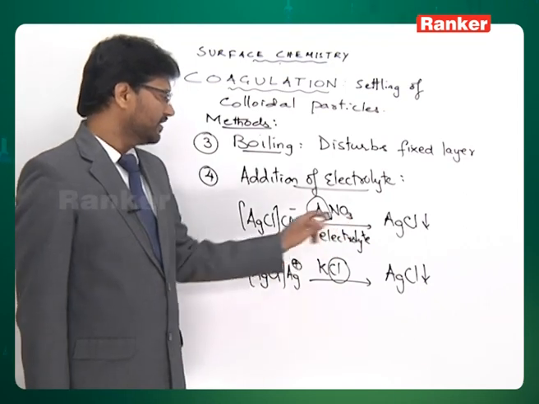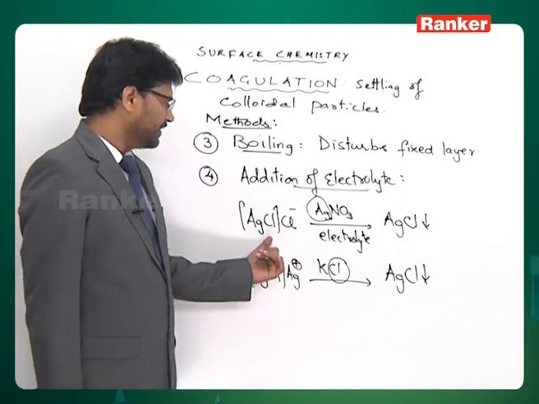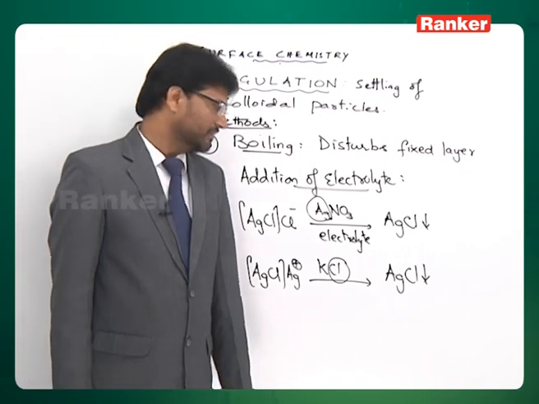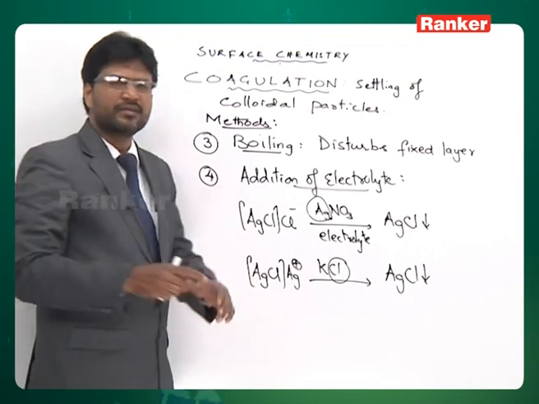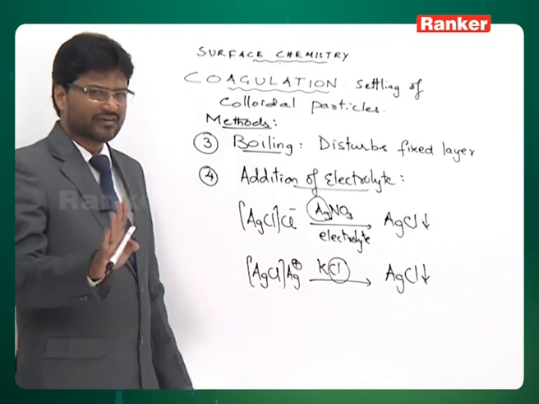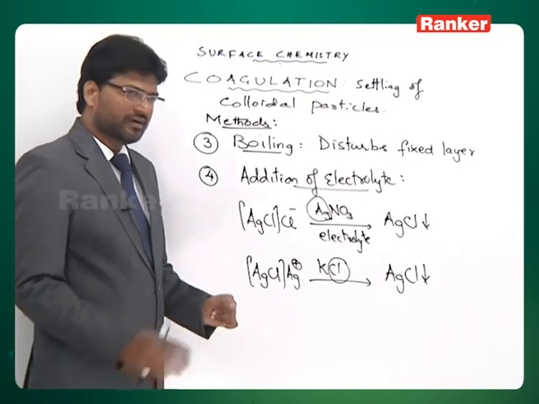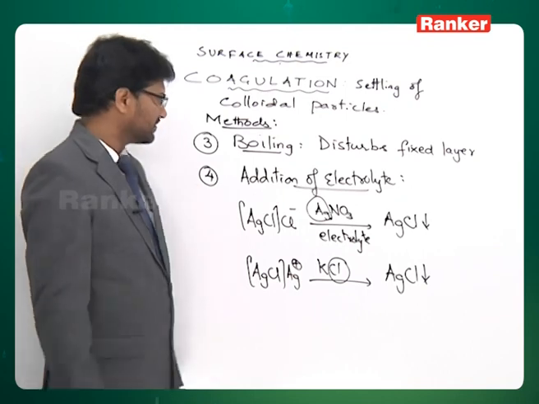In the electrolyte you have two types of ions, cation and anion. If the colloidal particles are anionic, then the cation of the electrolyte is responsible for its coagulation. What is important is that these two should be capable of forming an insoluble substance. That is the requirement for this. Now based on this coagulating power, there is a rule called the Hardy-Schulze rule, which I will discuss now.